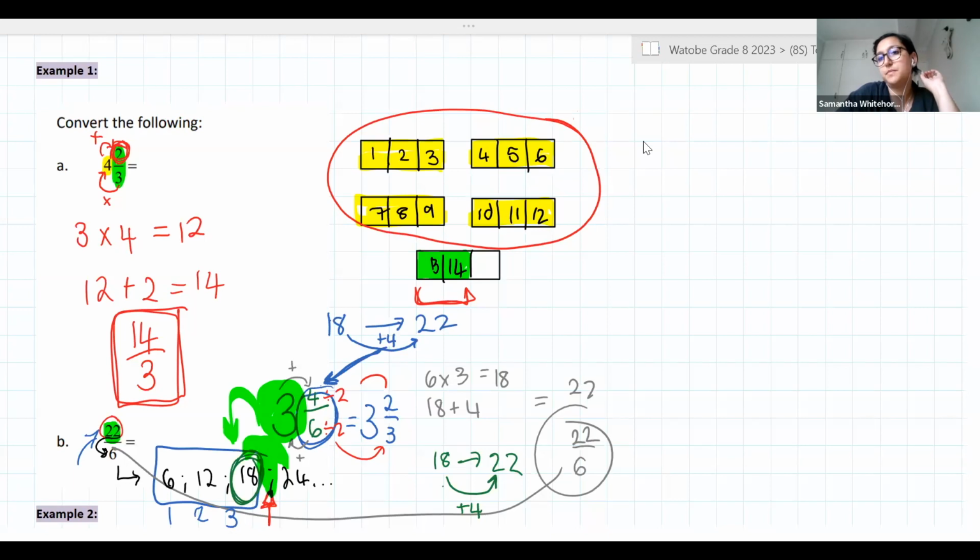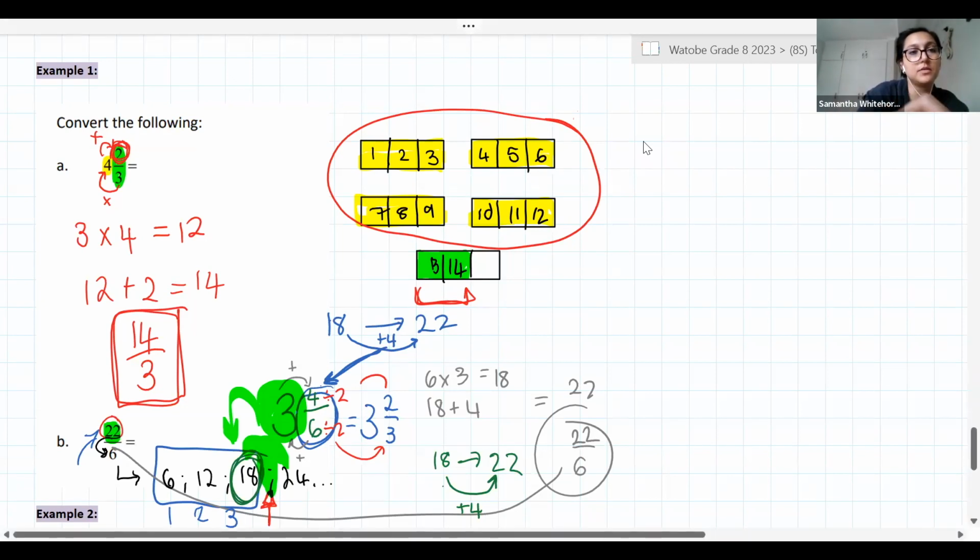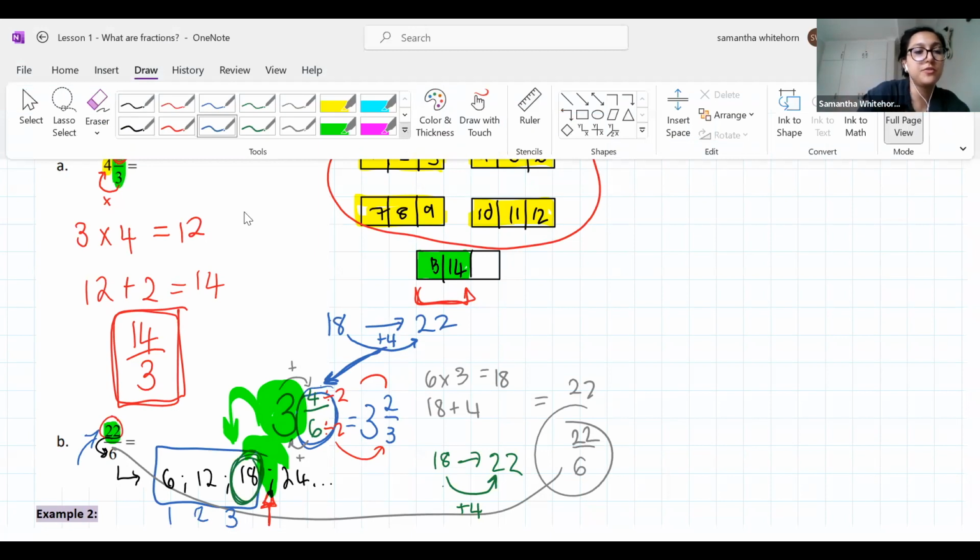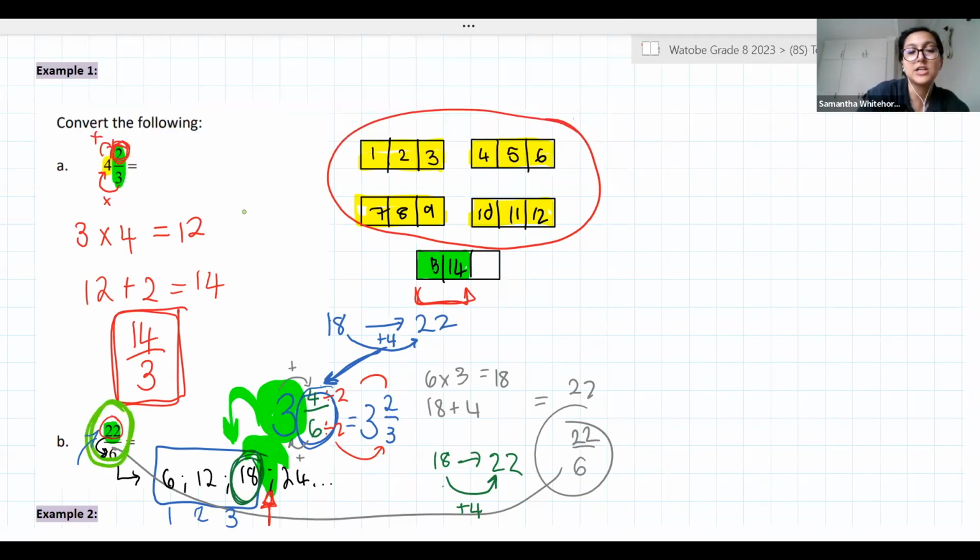Zamo, question? Ma'am, if you simplify 3 and 4 over 6, and then you get 3 and 2 over 3, if you change it into an improper fraction, are you still going to get the same answer? Yes, it's still correct, because this original fraction of 22 over 6 can actually be simplified.